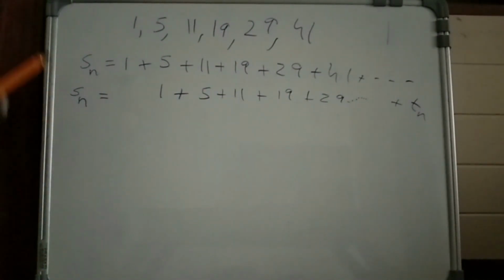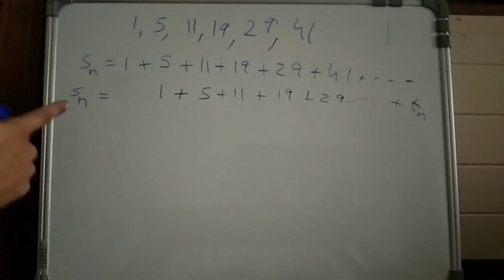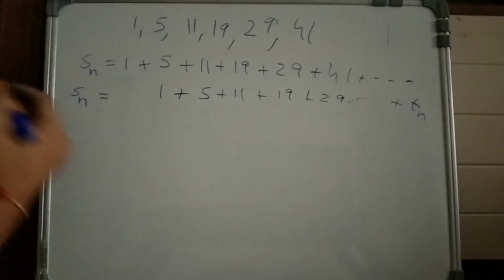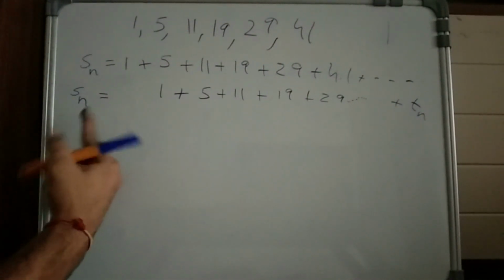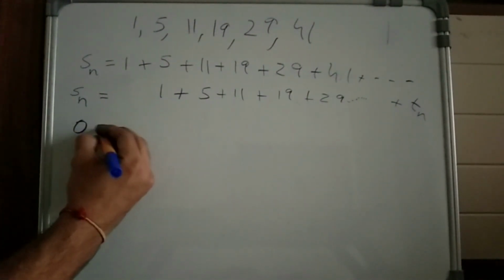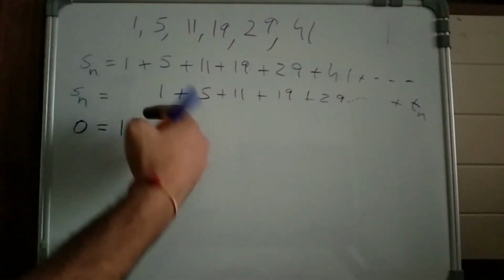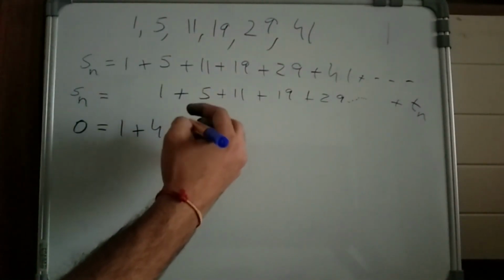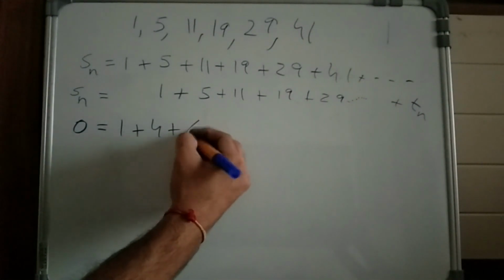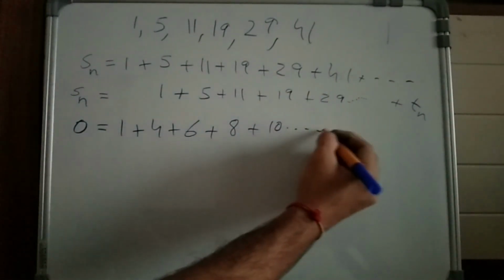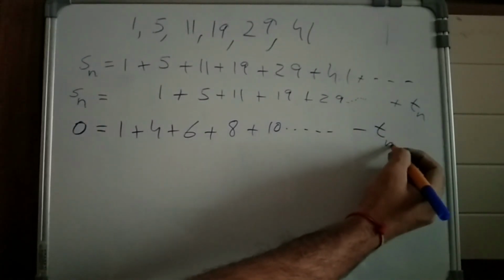Now we have to subtract this from this. If I subtract, I will get 0 equal to 1, then 5 minus 1 is 4, then 11 minus 5 is 6, then 8, then 10, minus Tn.